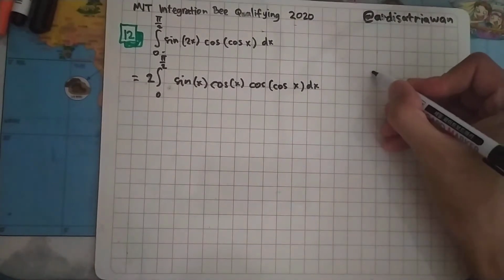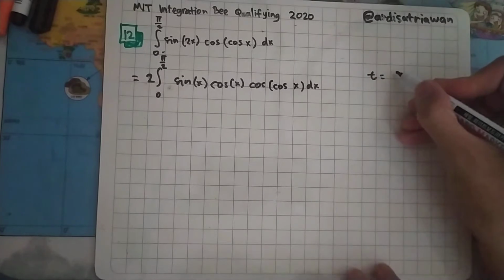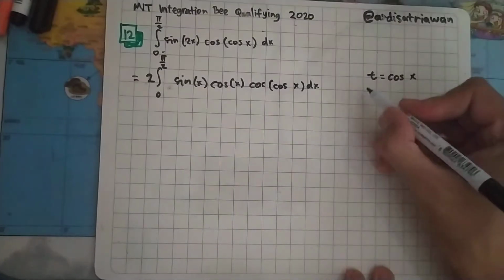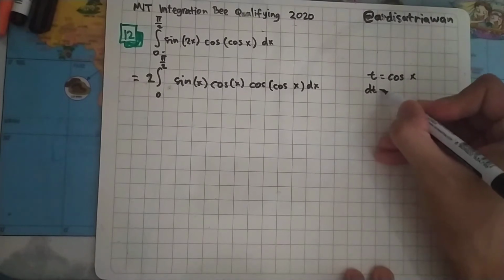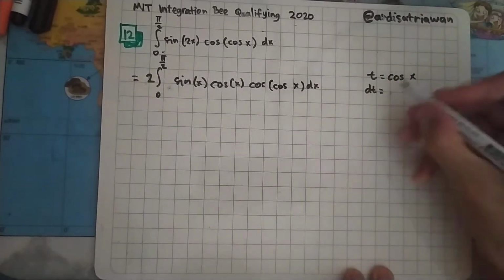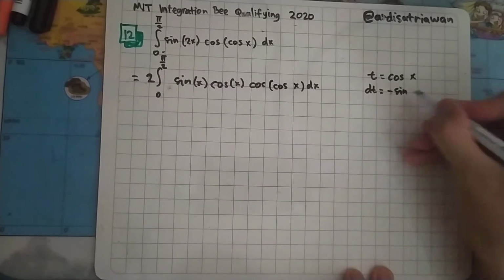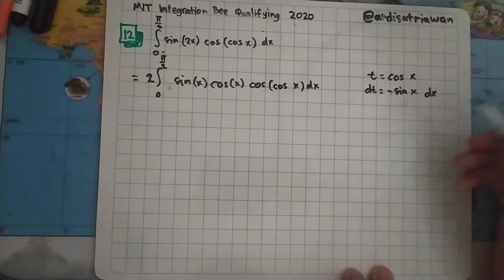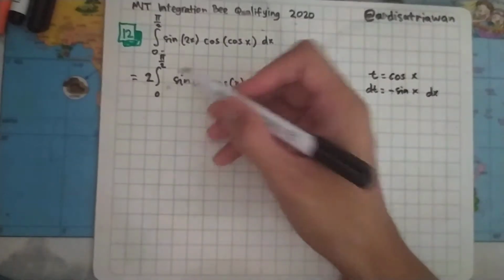So I will let t equal cos x, and that means dt is equal to, not just cosine, minus sine of x dx.